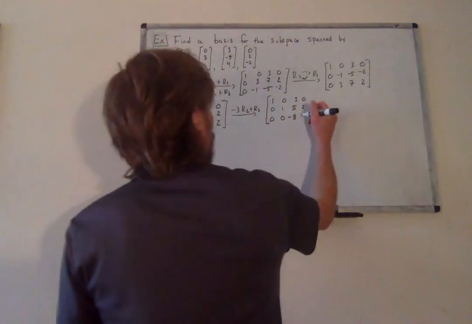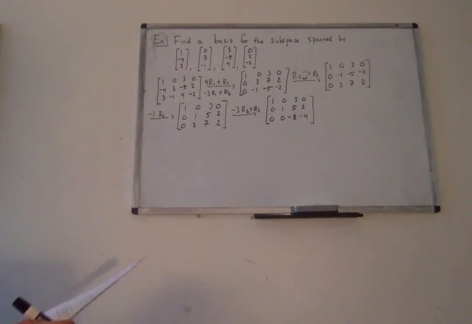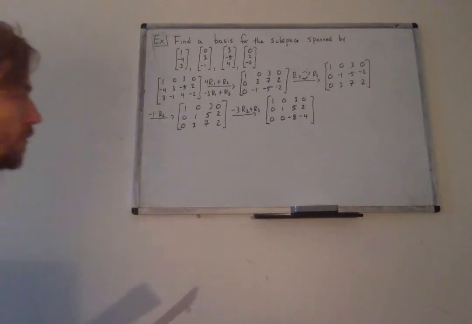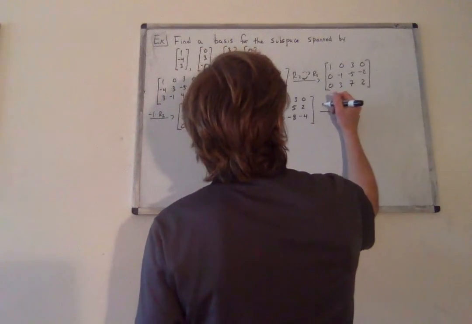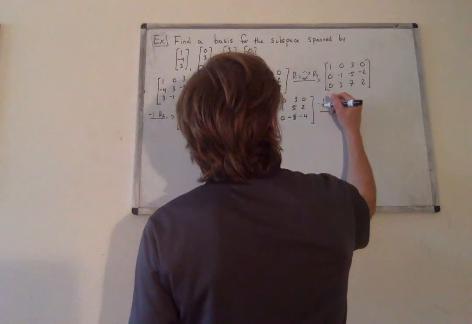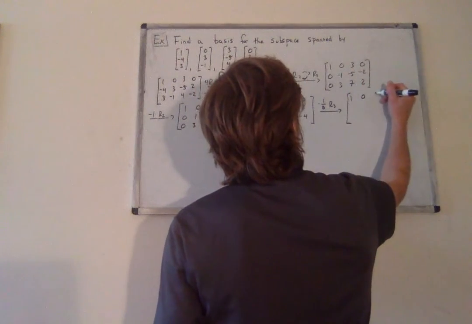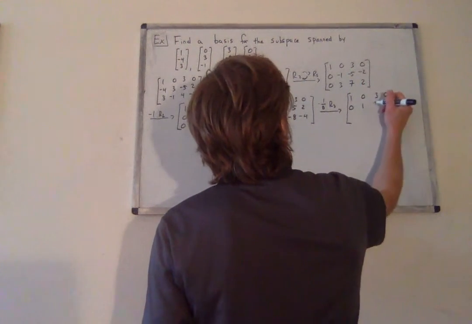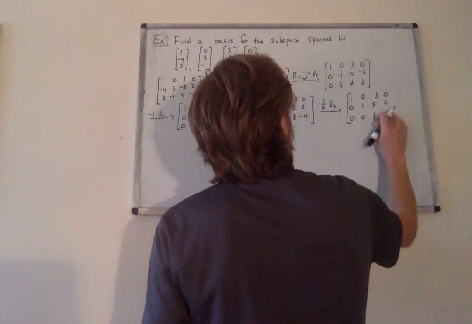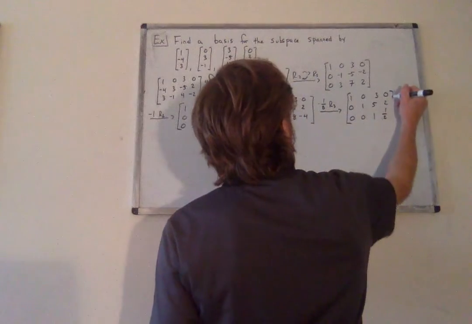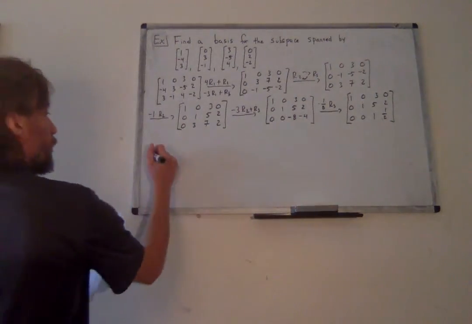-8, -4. We do that. We're almost done. Now we just need to clear the row above row 3.